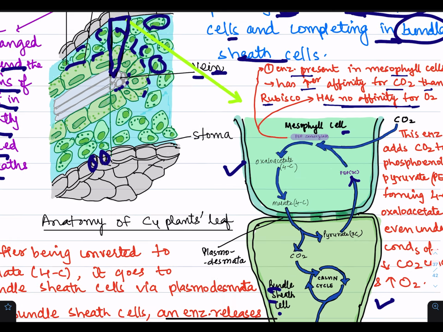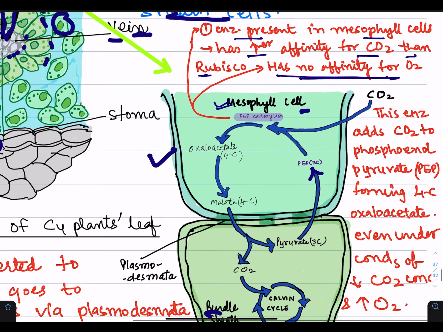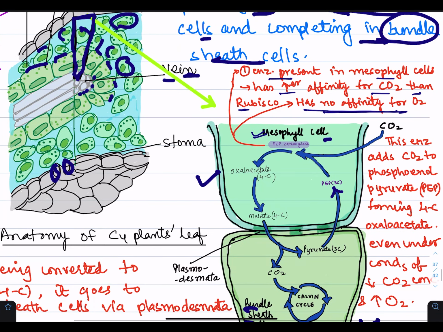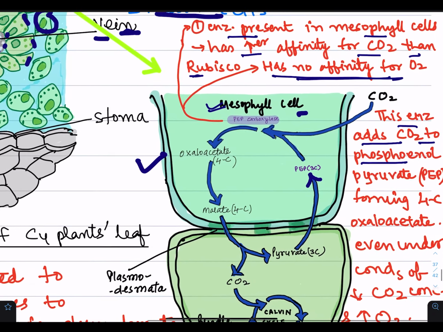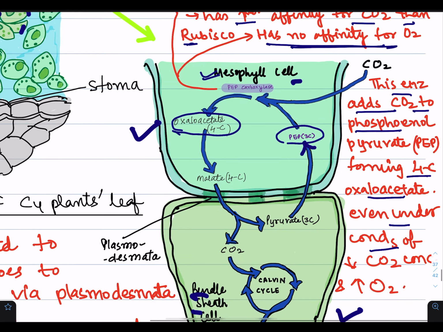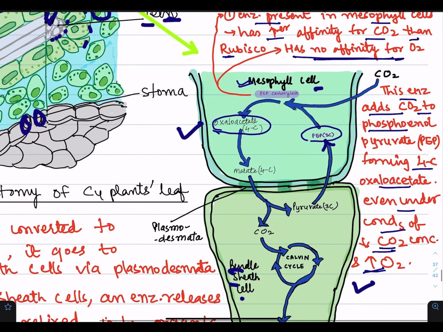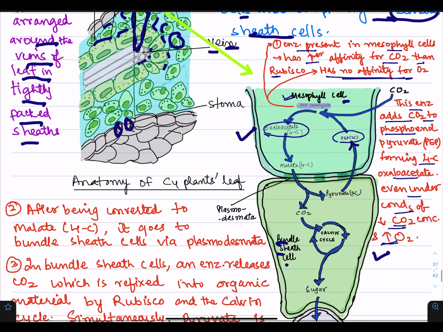So in this mesophyll cell, this enzyme adds carbon dioxide to phosphoenol pyruvate, forming 4-carbon oxaloacetate, even under conditions of low carbon dioxide concentration and high oxygen concentration. Then what happens?